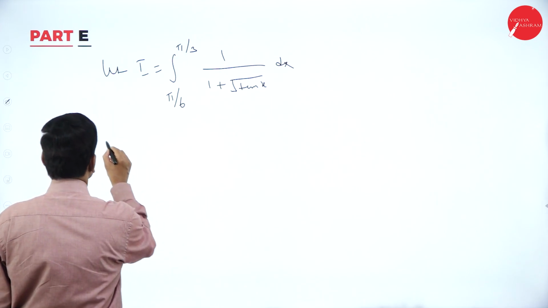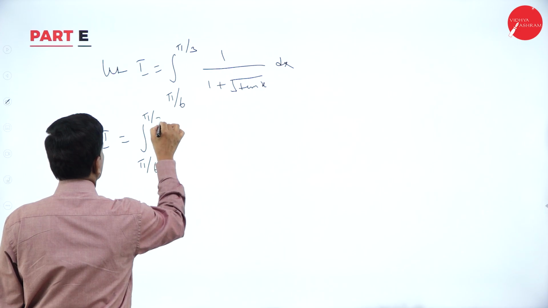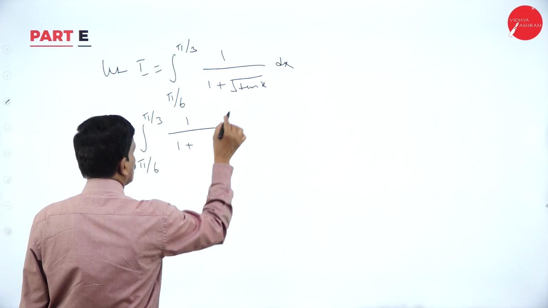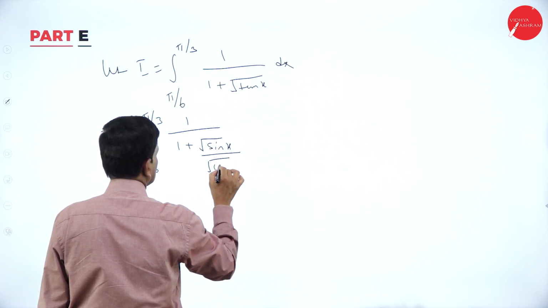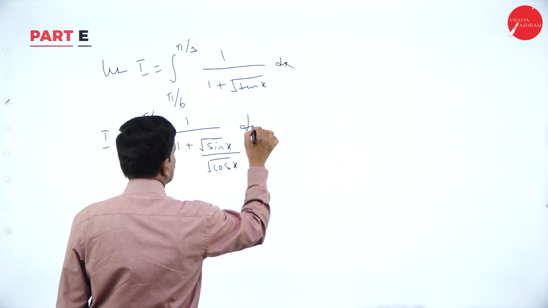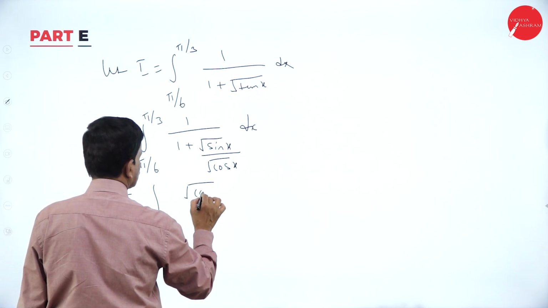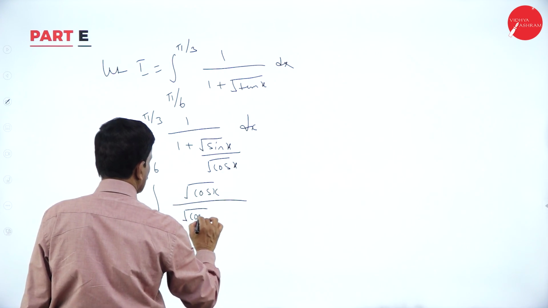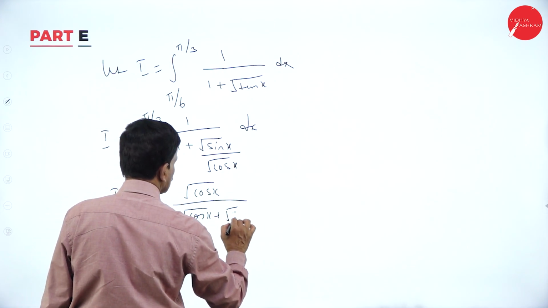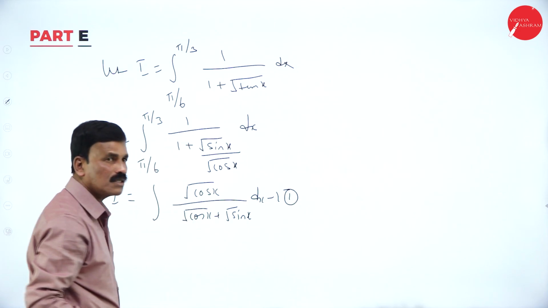This can be written as integral pi by 6 to pi by 3 of 1 over 1 plus root of sin x by root of cos x, since tan x can also be written so, into dx. Take LCM and simplify. Cos x is the LCM, transfer this to the numerator, it becomes root of cos x divided by root of cos x plus root of sin x dx. Let us represent this as equation number 1.